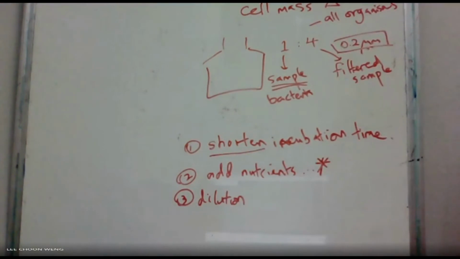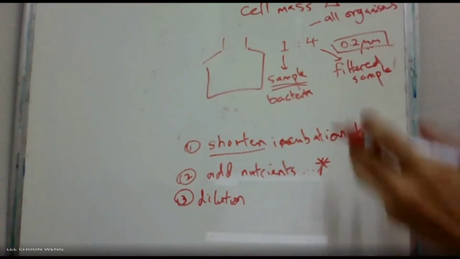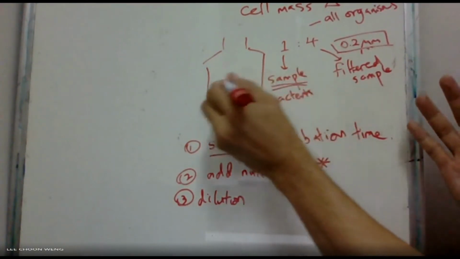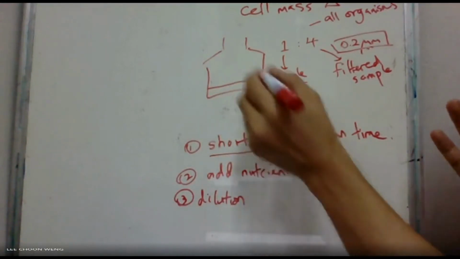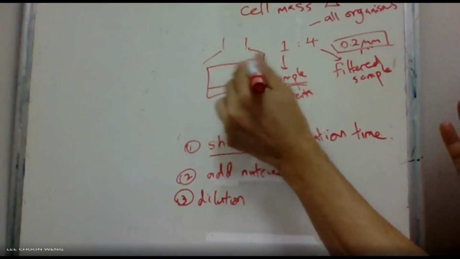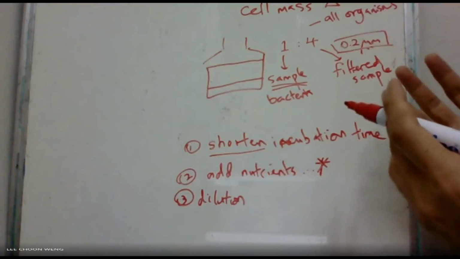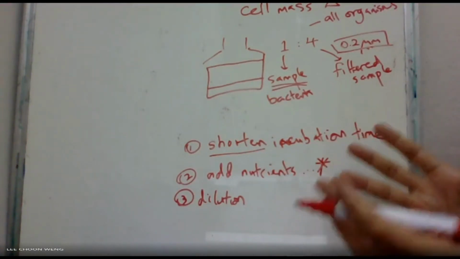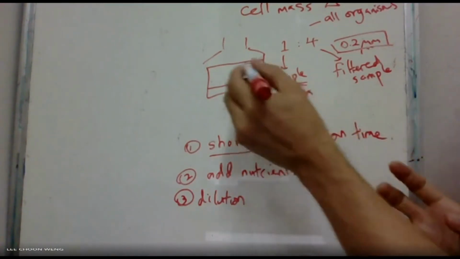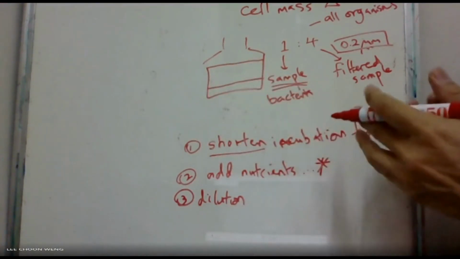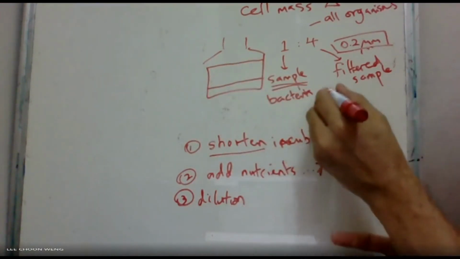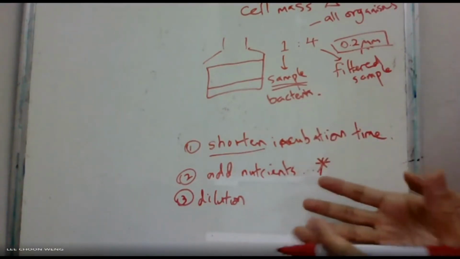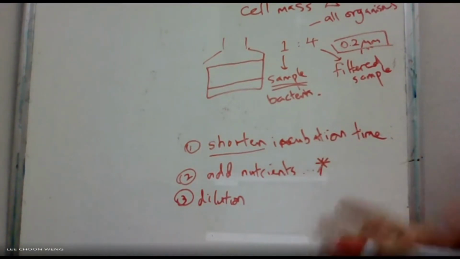Okay, it removes all. So essentially what you're doing is you're adding 1 portion of sample with 4 portions of water where there are no microorganisms, but it has the nutrients here. So you are essentially providing the bacteria here with more available nutrients.